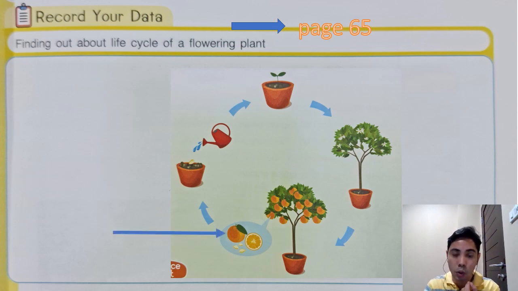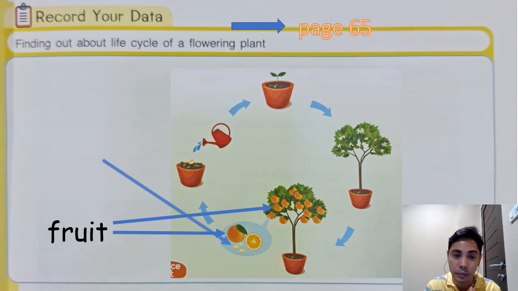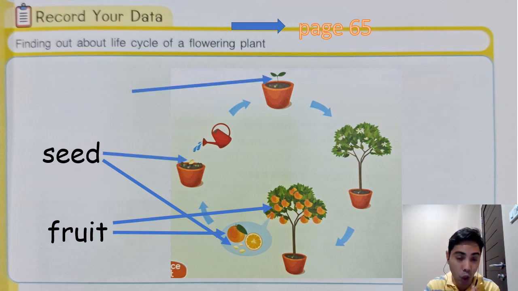First, we eat the fruit from the tree, and then there will be a seed, and these seeds we will plant, and after we plant and put water, it has air and sunlight and the nutrients from the soil.